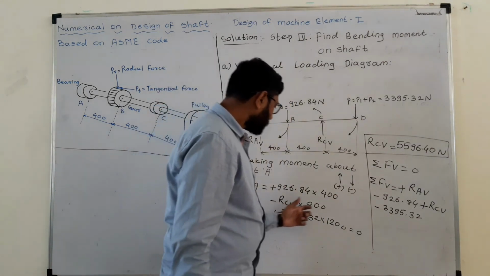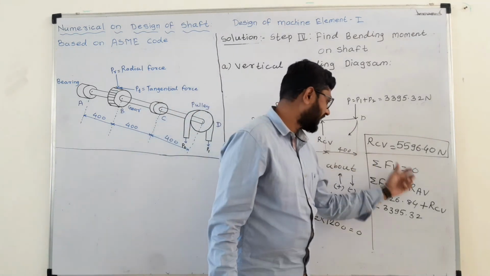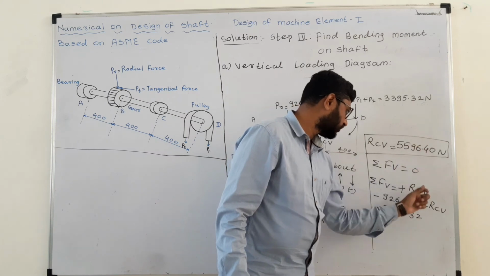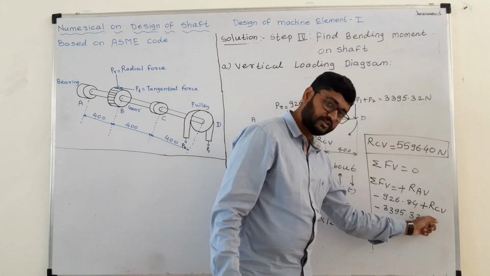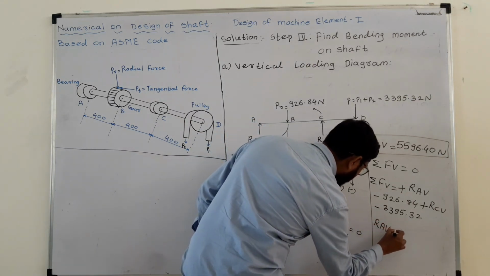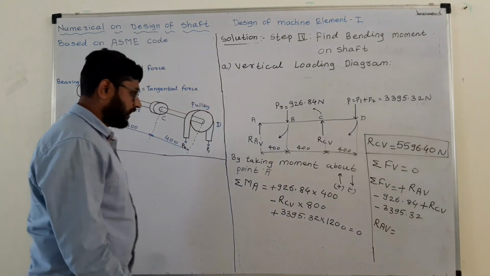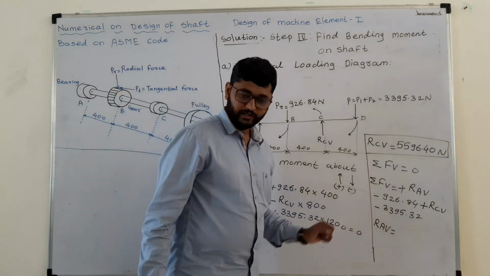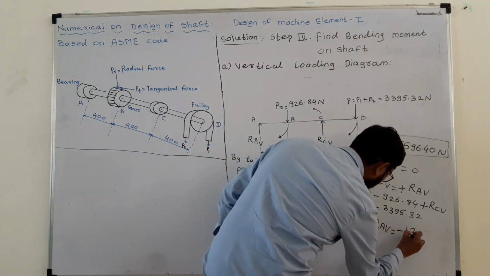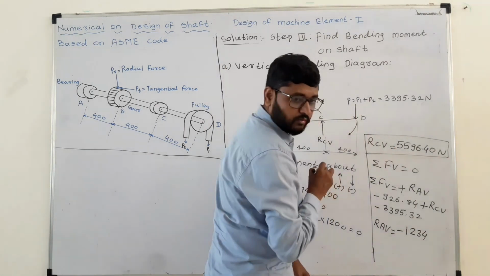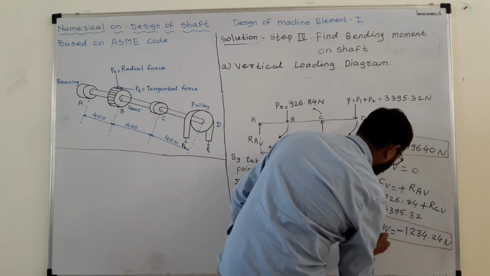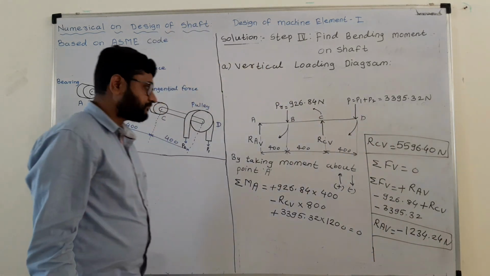So here we know the RCB, the reaction at point C, that we have found: RCB is 5596.40. Just put the value of RCB into this equation. We will get RAB, the reaction at point A, that is V for the vertical loading diagram. By calculation, we will get minus 1234.24 Newton.